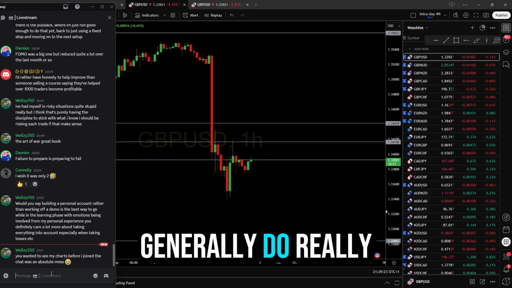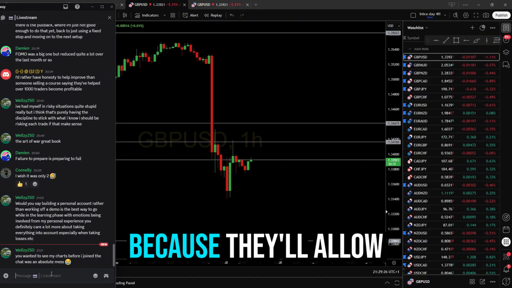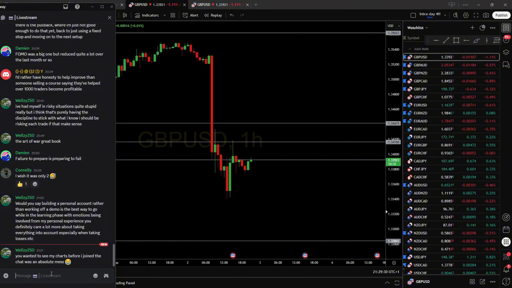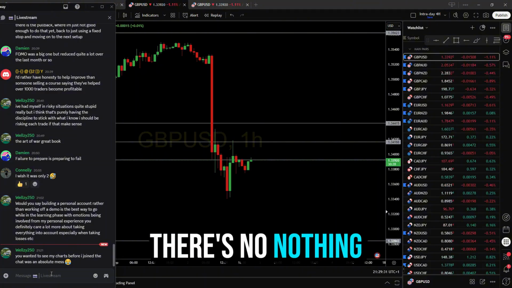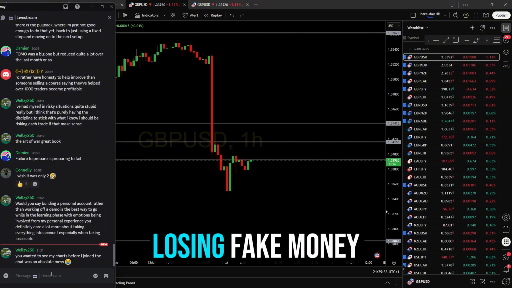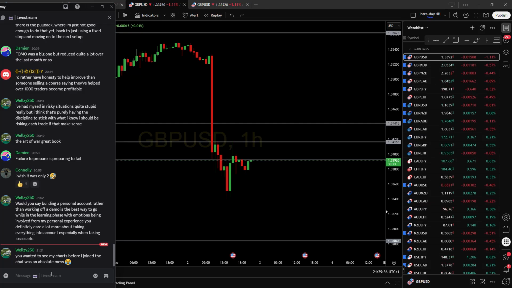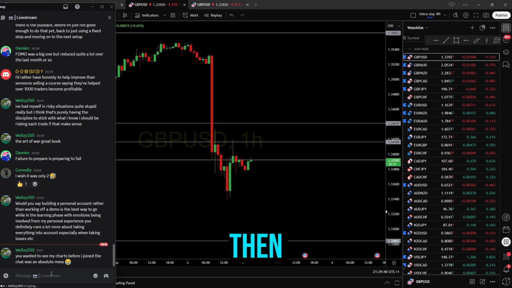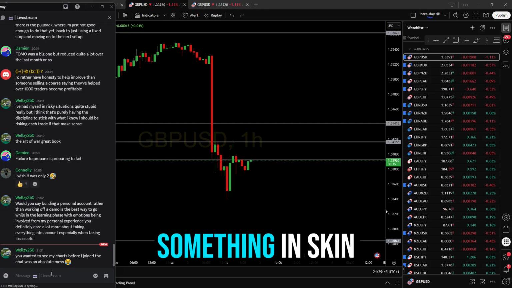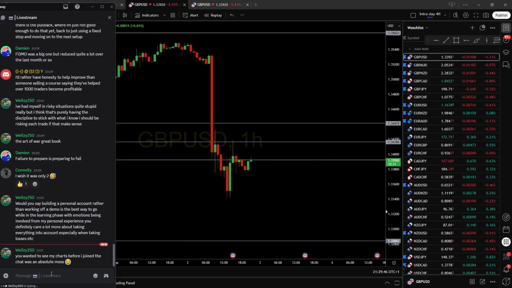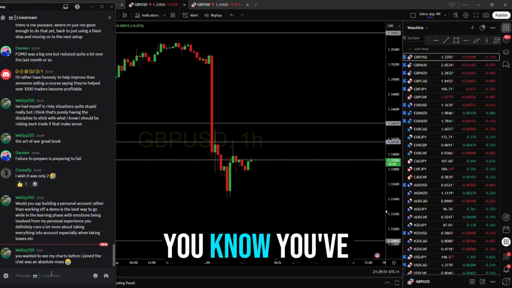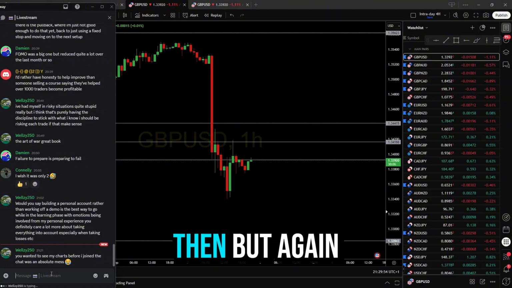But they generally do really well on demo because they'll allow bigger drawdowns, because there's nothing stopping them from losing fake money. So they'll allow those drawdowns, and I would say, have skin in the game. Have an account with some money in, because you've committed to it then.